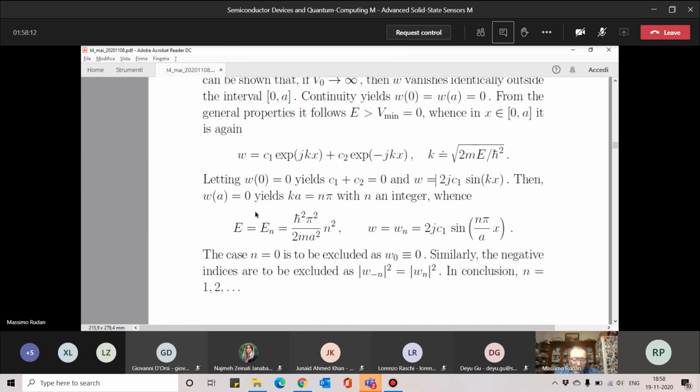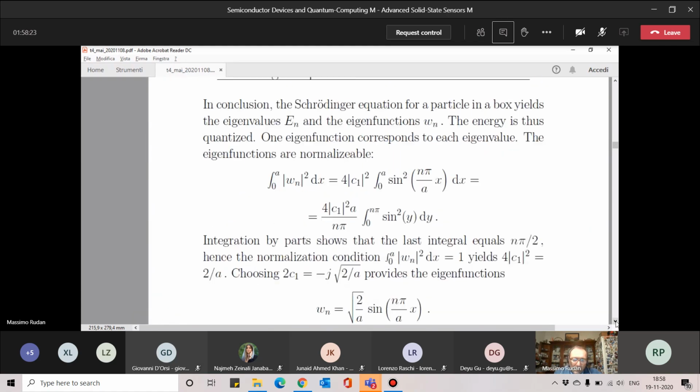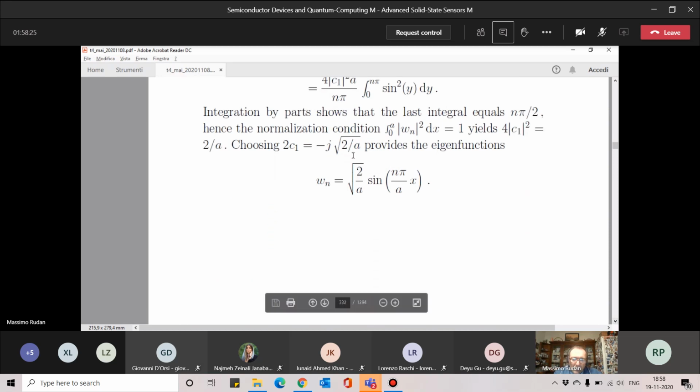Of course, you find one and only one energy that has this expression. And using the same n, you find one and only one eigenfunction.